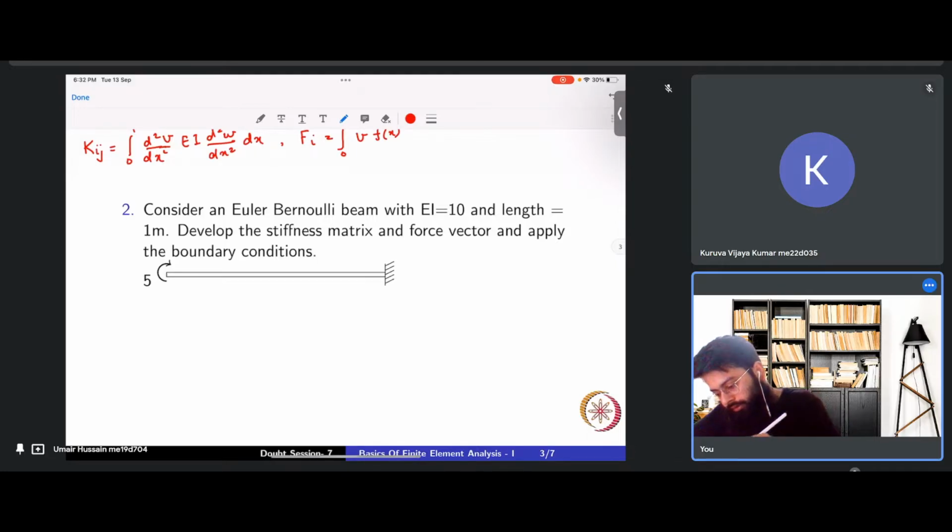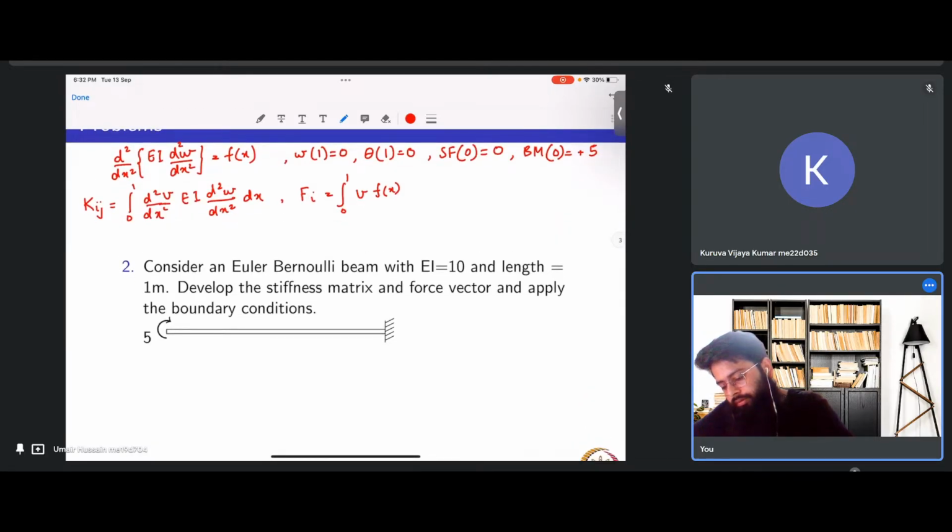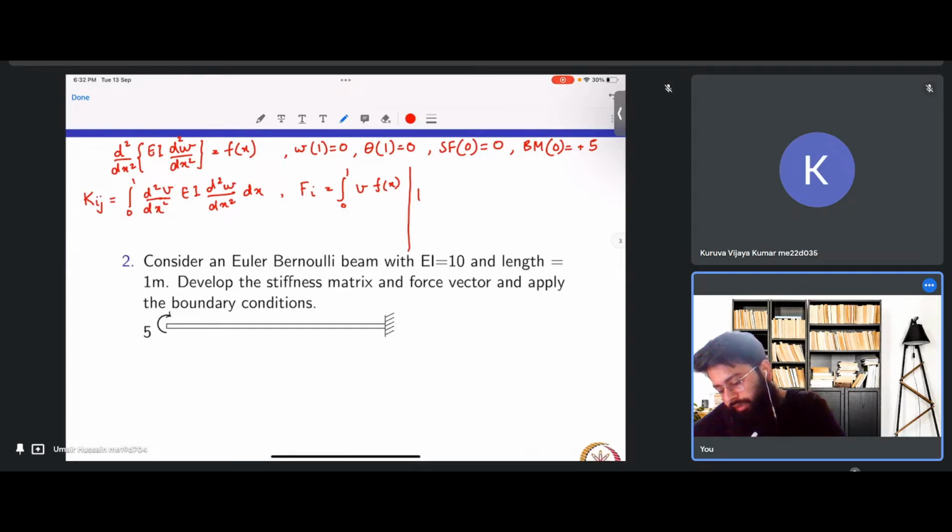So the stiffness matrix we'll get for one linear element would be EI upon h cube, [6, -3h, -6, -3h; ..., 2h square, 3h, h square; ..., 6, 3h; ..., 2h square].